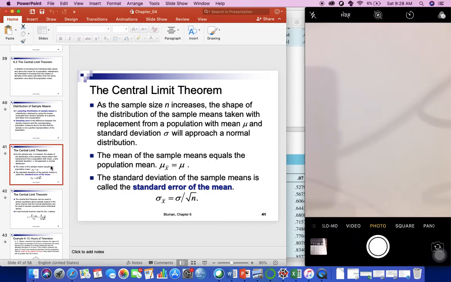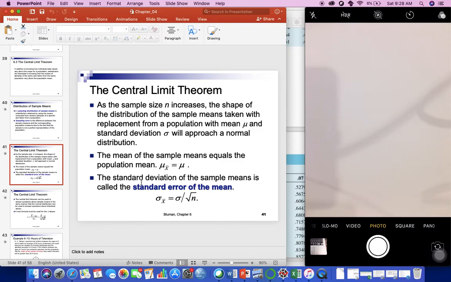There are formulas for the central limit theorem. As the sample size n increases, the shape of the distribution of the sample means taken with replacement from a population with mean and standard deviation will approach a normal distribution. The mean of the sample means is equal to the population mean.